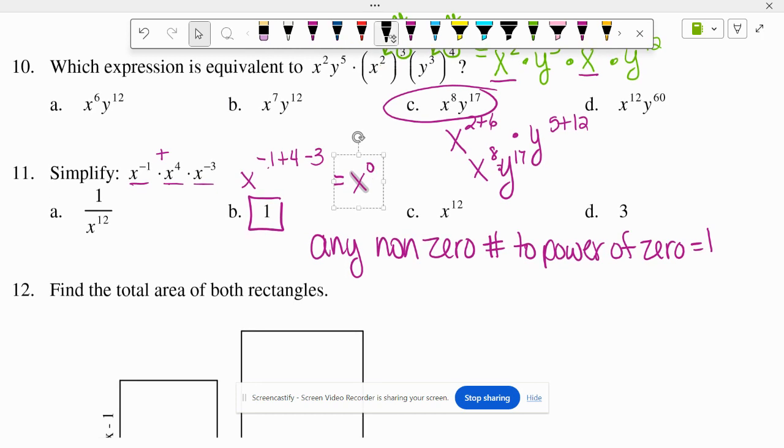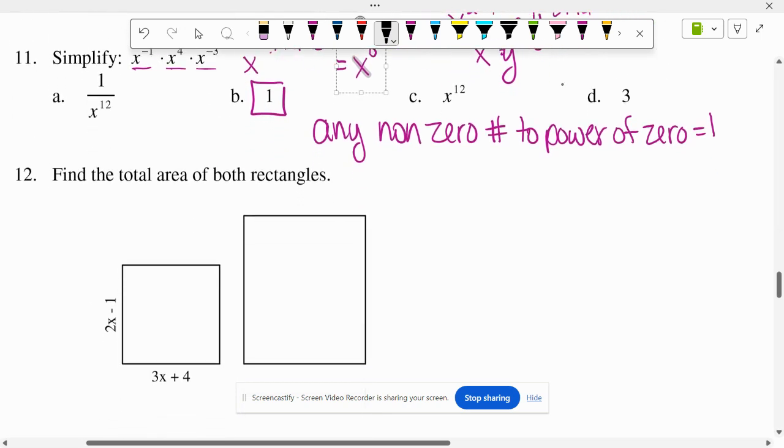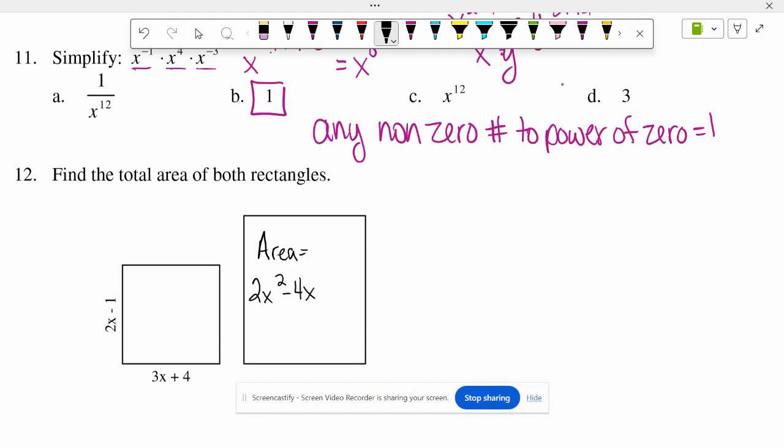Number 12, we have to find the area of both rectangles. Total area, so we're going to add them. And on your paper, I think I wrote in the area of the large, did I not? Yeah, you should have that this is 2x squared minus 4x minus 1.